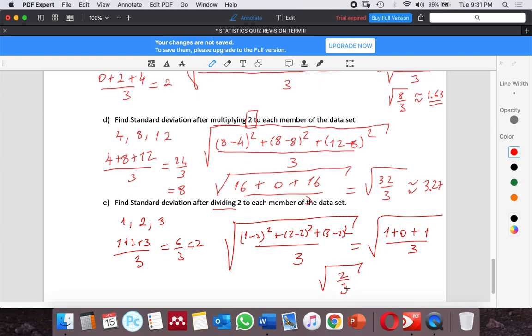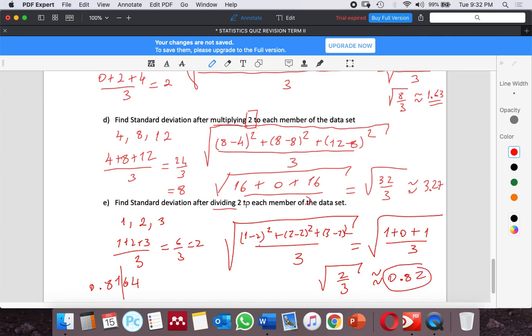which will be 2 over 3. Approximately, what will be the square root of 2 over 3? Let's see, it is 0.8164. If I round this, it will be 0.82.